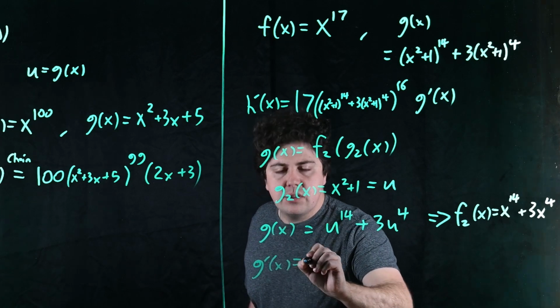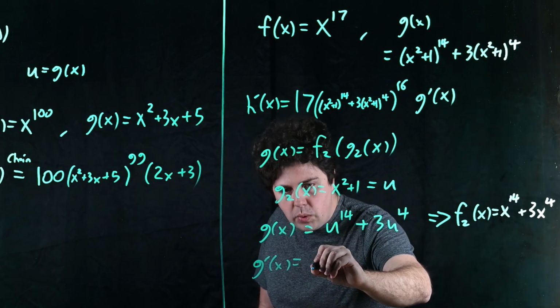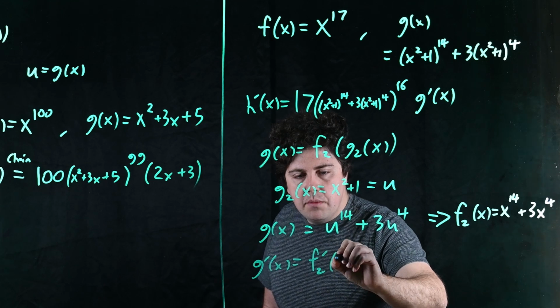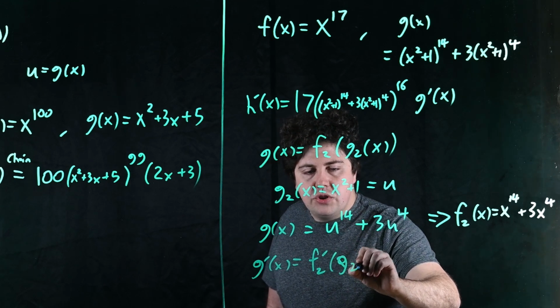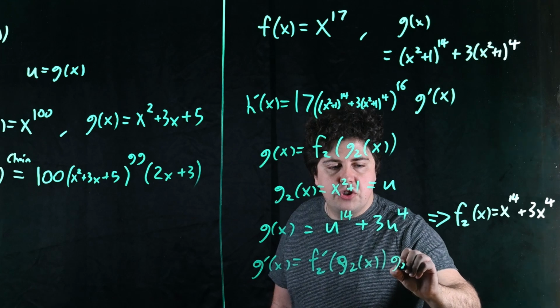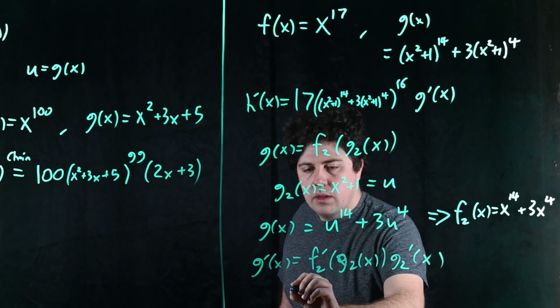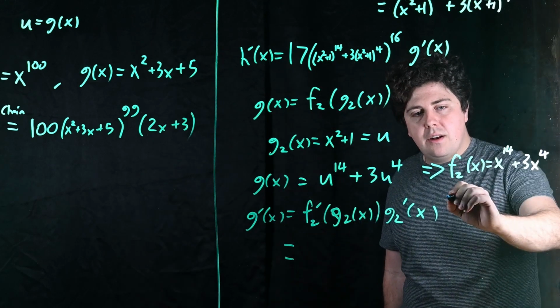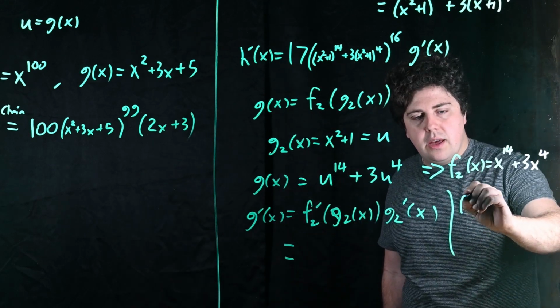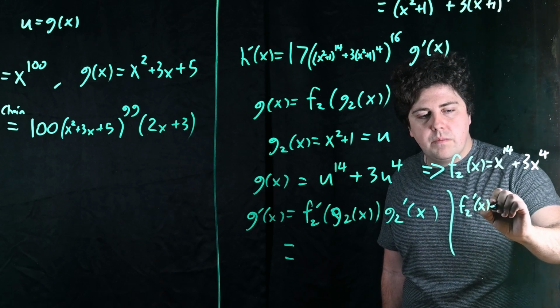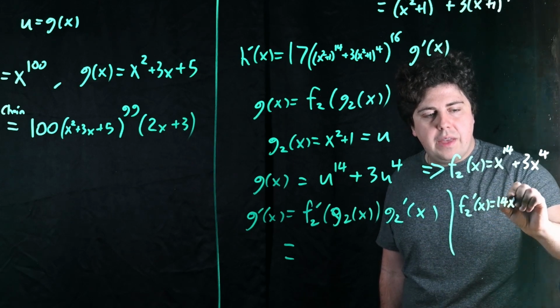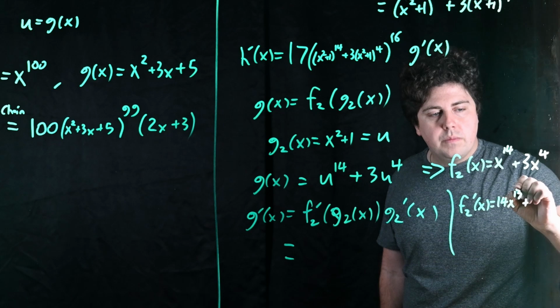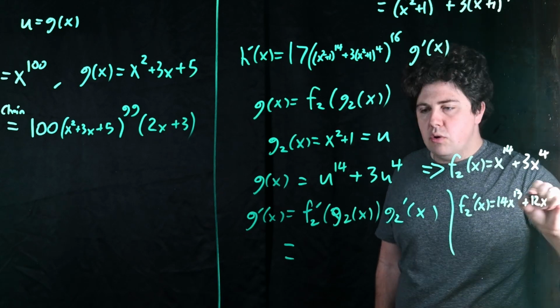G prime of x is going to be equal to, well, f2 prime of g2 of x times g2 prime of x. So, okay, what's f2 prime? It's complicated enough that we might as well compute it here to the side. f2 prime of x is going to be 14x to the 13 plus 12x cubed.